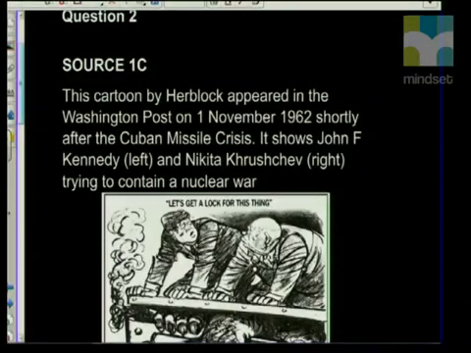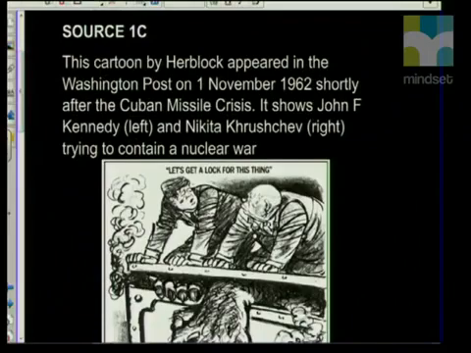It says, this cartoon by Herblock appeared in the Washington Post on 1 November 1962. So already you can see the clues there. It tells you that it was in 1962, and you will know when the Cuban Missile Crisis was.